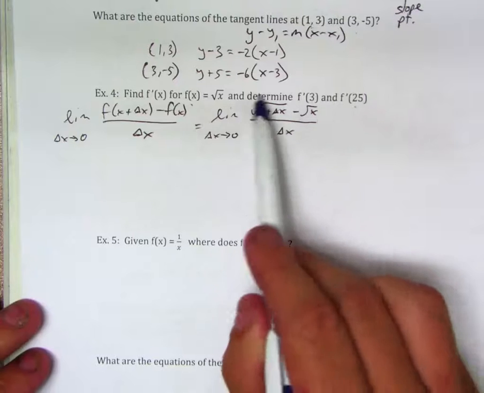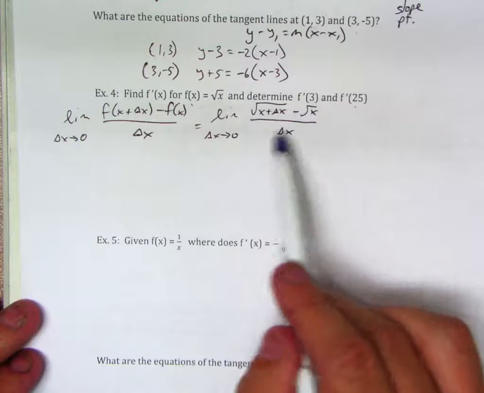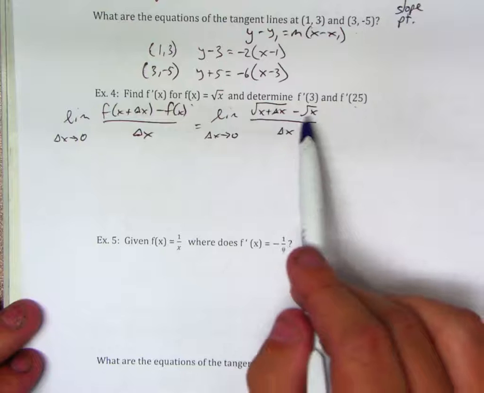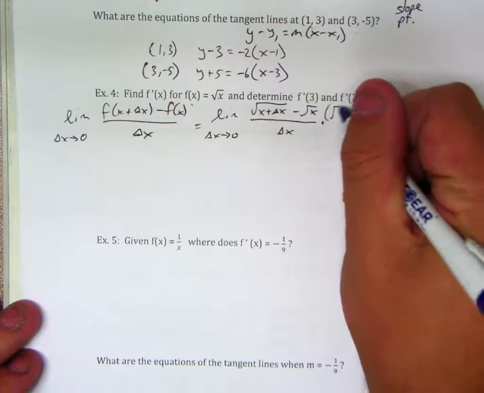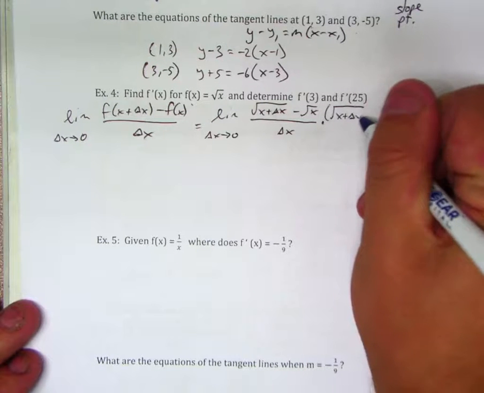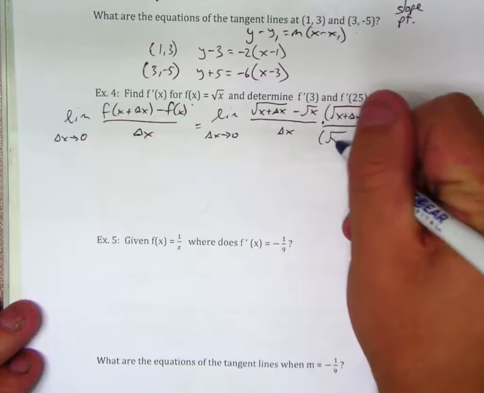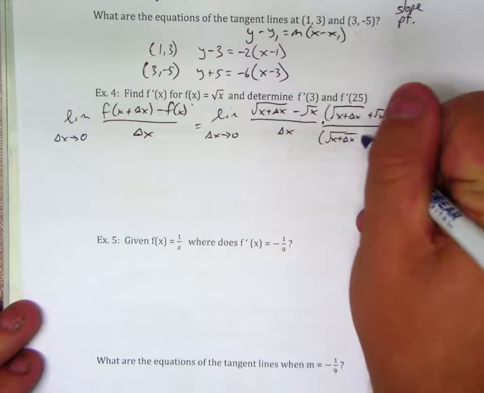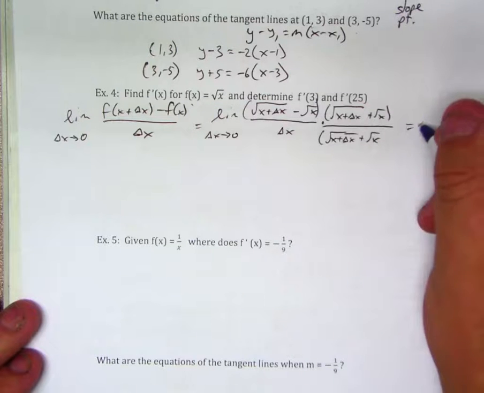So we see a radical here. This is actually what number 1 on your quiz was the other day, where you now need to rationalize the numerator to deal with this situation. So we're going to multiply by square root of x plus delta x plus square root of x over x plus delta x plus square root of x. So we have the limit as delta x approaches 0.